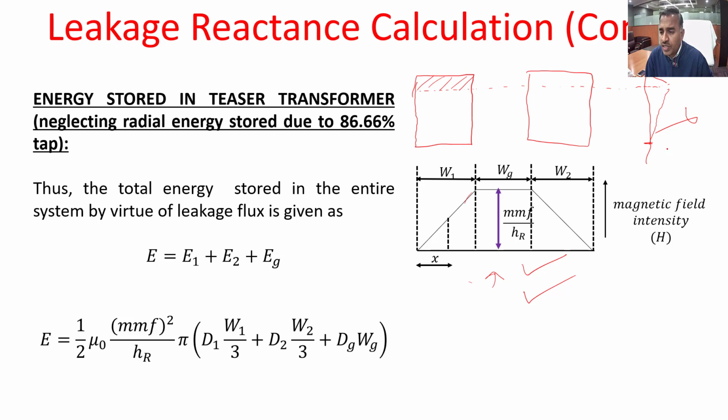Otherwise, you have to consider this radial MMF also, and include the corresponding energy in the total energy calculation. So if you neglect this radial energy, or you consider the transformer with 86.6% of primary turns and the same number of secondary turns, then the energy stored in that transformer will also be given by this equation.